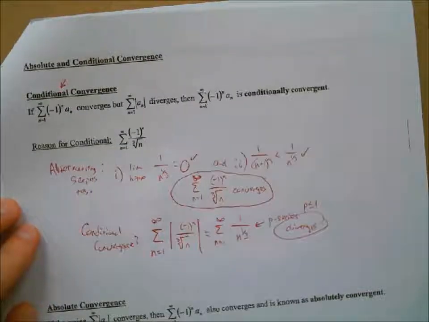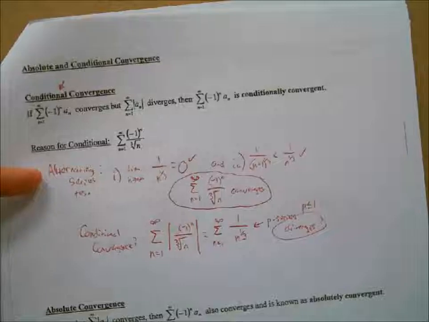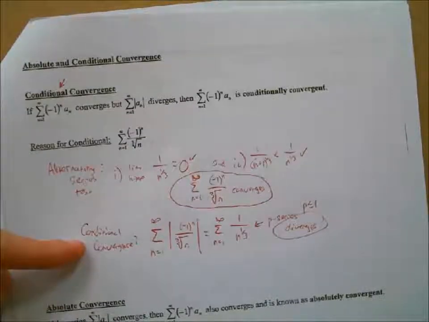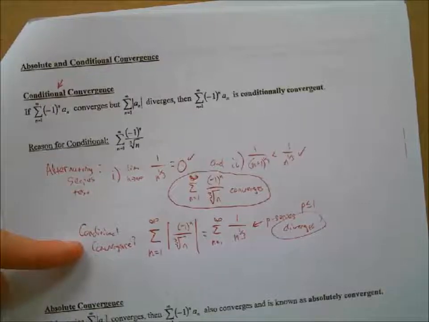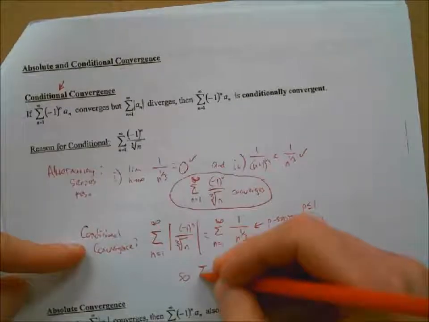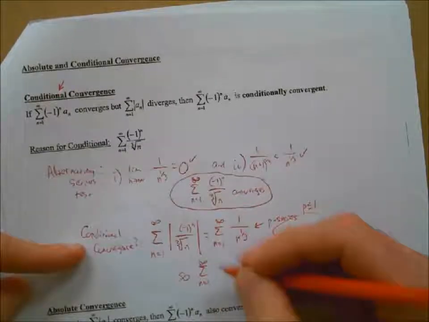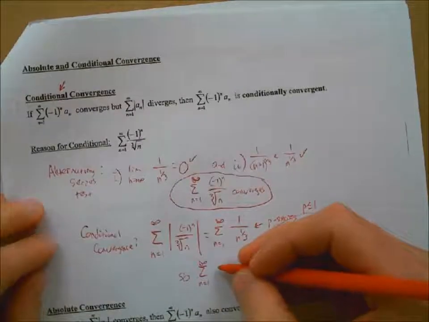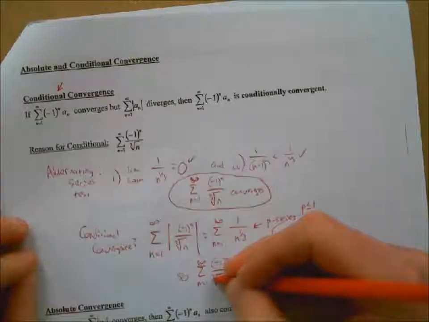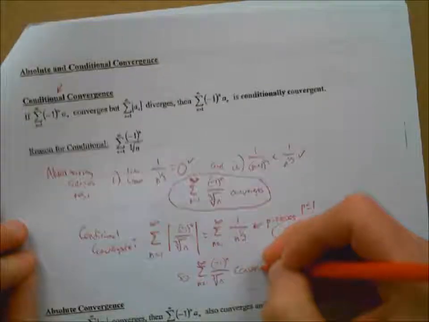So, with the alternating piece in place, our series converges. Without the alternating piece in place, our series diverges. So our convergence is conditional on that alternating piece. So it converges conditionally.